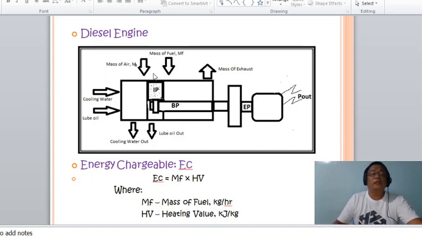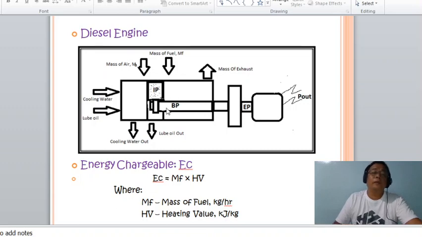So take note that the power developed inside this combustion chamber is called the indicated power. And the indicated power will be reduced to brake power because of the friction inside the cylinder and the rotating parts of the crankshaft. So we have here a mechanical efficiency in between the indicated power and the brake power.